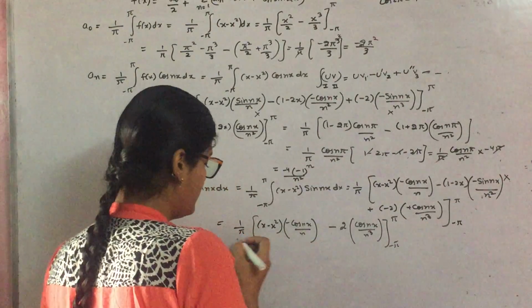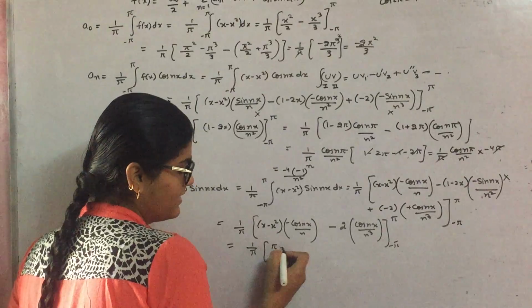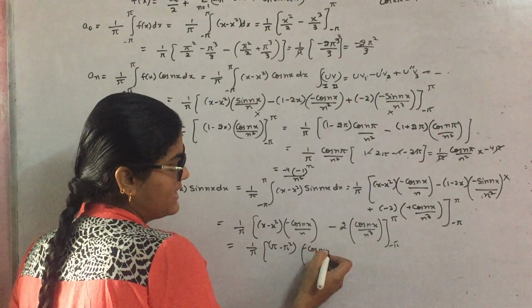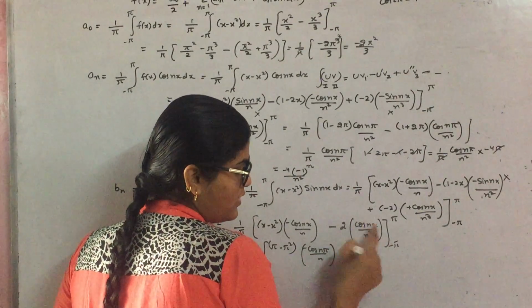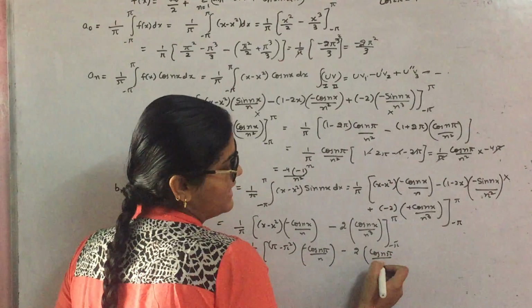Simply substitute the values. X is pi: pi minus pi square, cos n pi by n, minus 2 cos minus theta is also the same thing, n pi by n cube.